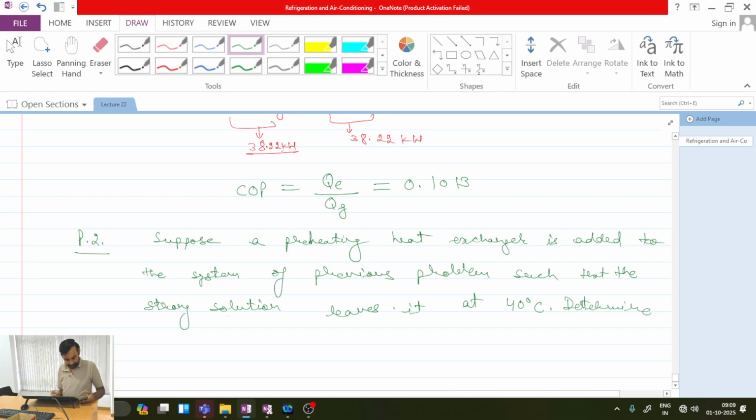Determine heat transfer rates through various components and the COP.